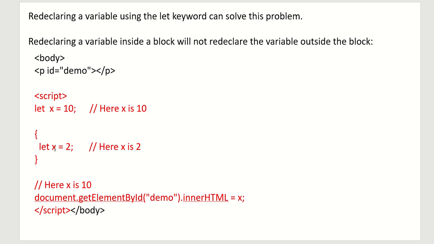That means x equal to 2 is within this block only. And we are writing document.getElementById("demo").innerHTML equal to x. This statement we are writing outside of these curly brackets, and that's why it will print x as 10. So that is the only difference between let and var actually.